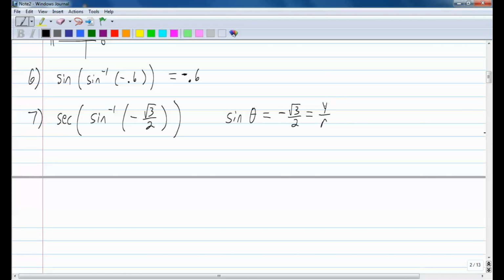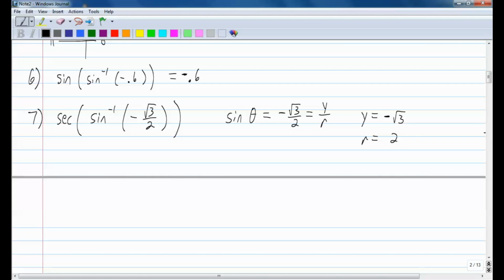So if sine is y over r, where y is the y coordinate and r is the radius, then the negative in front has to go with the y because a radius can't be negative. So I have y equals negative square root of 3 and r equals a positive 2.